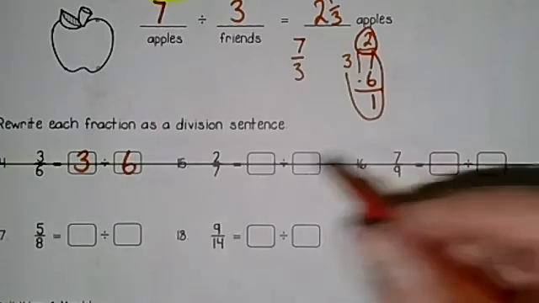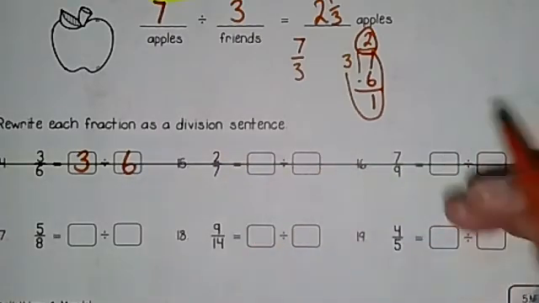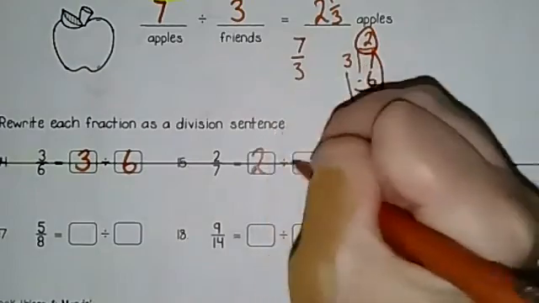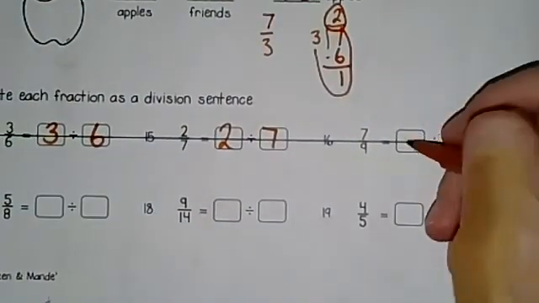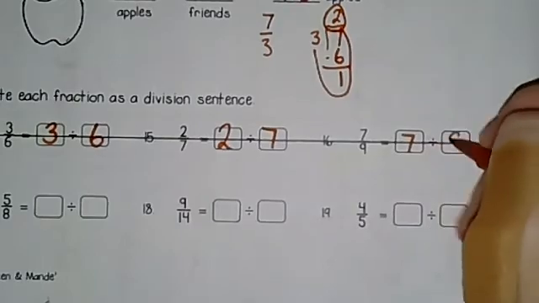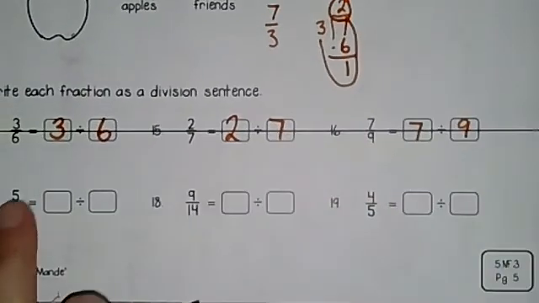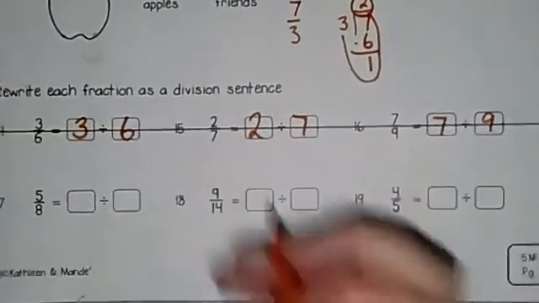All right, Janie, 2/7 is what divided by what? Very good. Malachi, 7/9 is what divided by what? Good. All right, Levante, 5/8 is what divided by what?